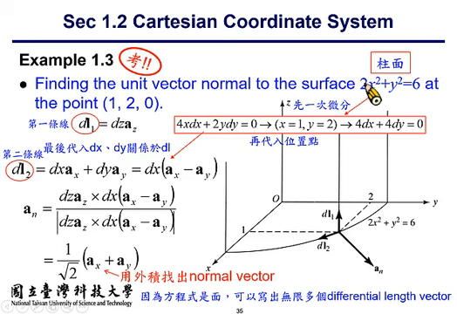So we have dx ax minus dx ay. So the second differential length is this one.